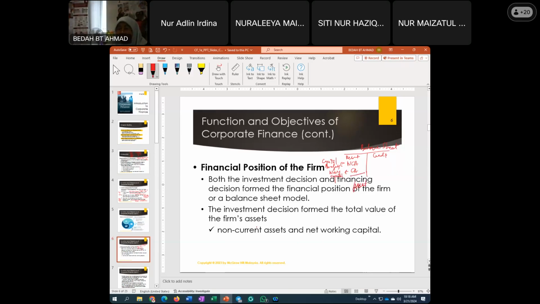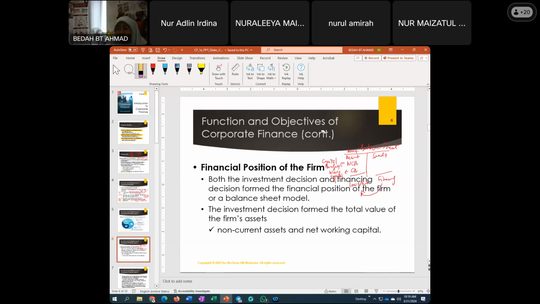So this forms your investment in assets. Credit usually represents your financing. Financing is used to invest in the assets. So the credit side is your liabilities.